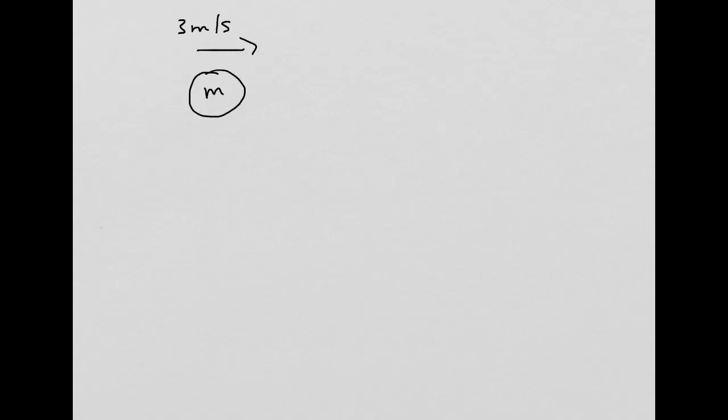And let's say that I have another ball, I'll do a different color, with the same mass m, moving at 3 meters per second, but in the opposite direction, so we're going to call this negative 3 meters per second. We'll define the leftwards direction as negative and the right direction as positive. Okay, and let's say that the balls collide and they stick together, so it's a perfectly inelastic collision. So let's say we want to figure out what is their velocity after the collision.